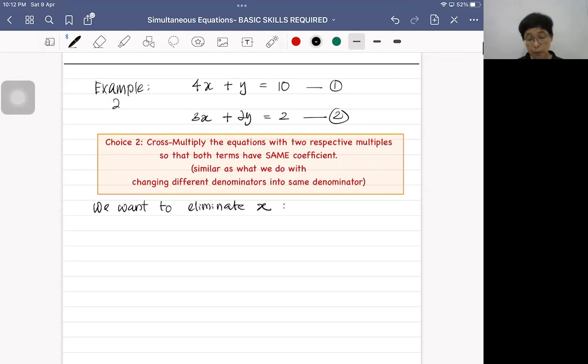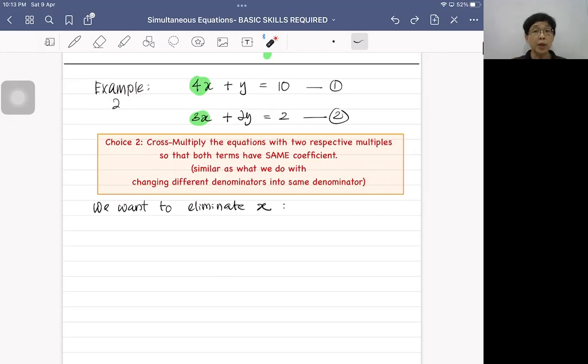If we want to eliminate x, we notice that this one has 4x, and this one has 3x. They are different. So what do we do? We can choose to cross multiply the equations with 2 respective multiples so that both terms have the same coefficient. It looks very long and complicated, but I'm sure we are quite familiar with this.